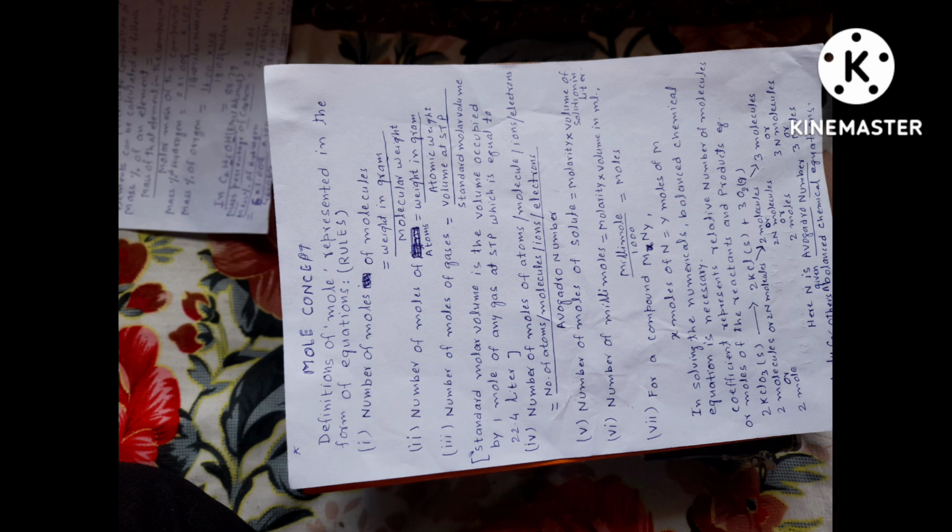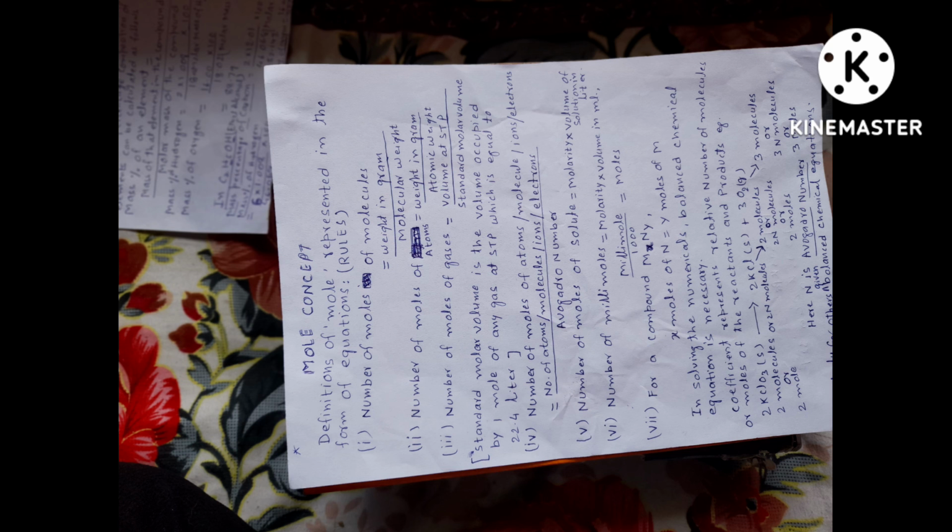As for example, potassium chlorate, 2KClO3. Suppose the reaction is like that, 2KClO3, which is found in solid. You can write (s) in bracket, s means solid. Always, if you are writing a balanced chemical equation, you must write the phase, whether solid, liquid or vapor.